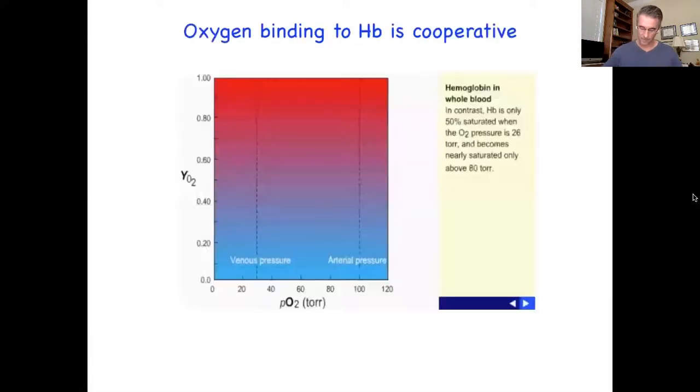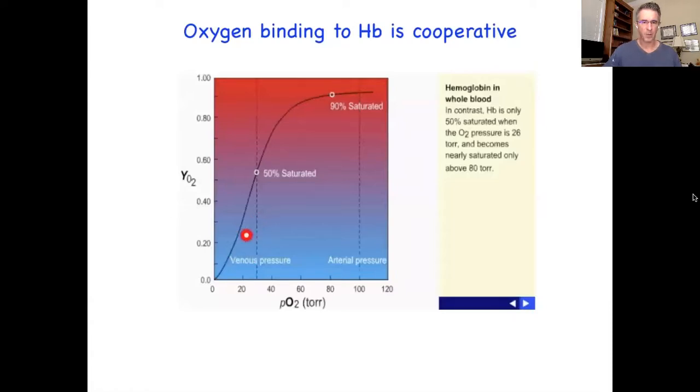The answer is that hemoglobin binds oxygen in a concentration dependent way. Its affinity effectively changes as a function of the ambient oxygen concentration, or put more correctly, as a function of the amount of oxygen bound. Some of you may remember this. Here we are at venous partial pressures.